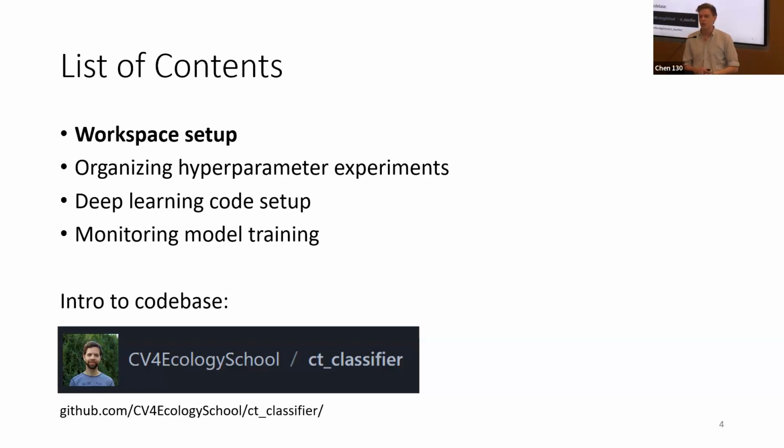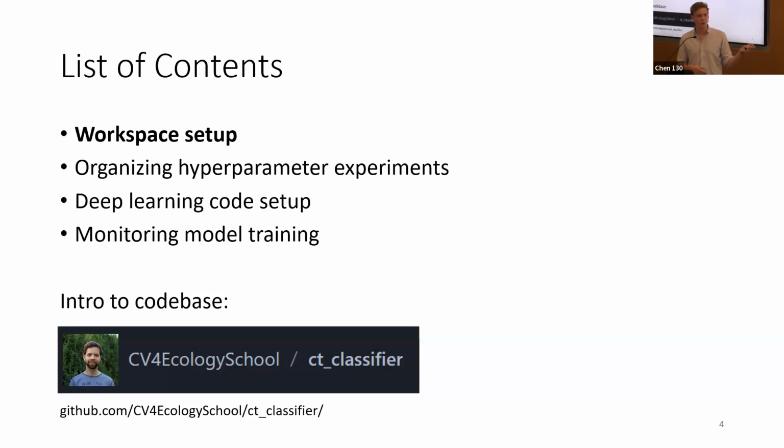Then I will go into how do we structure our hyperparameter experiments, meaning that once you have one model running, you will think about what are all the experiments, the things you can now try to improve the accuracy of that model. And that's probably one of the most challenging aspects to stay organized, because it's so exciting to try a new model.